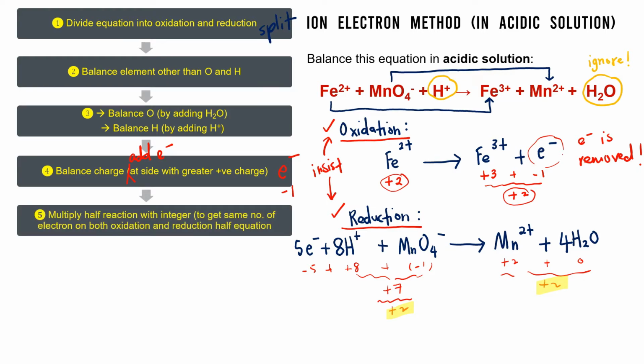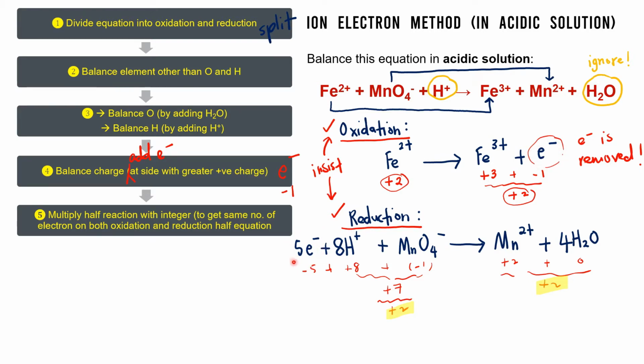Next step will be multiply half equations with integer to get same number of electron on both oxidation and reduction half equation. So here you have to check on oxidation and reduction half equations ini. Tengok dia punya bilangan elektron. So here we have 1 electron di sebelah kanan and 5 electrons di sebelah kiri.